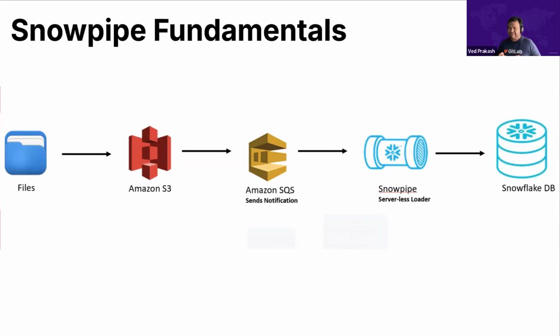So it's almost like a real-time streaming service. Cost effective: pay only for the compute resources used during data loading, optimizing the cost of data ingestion. Automatic file discovery: Snowpipe can be configured to automatically detect and load new files as they arrive in the staging area.